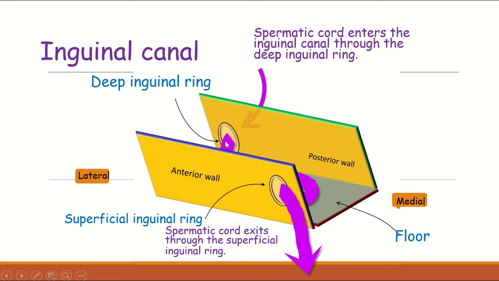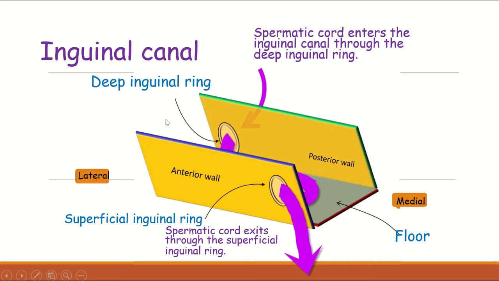When the spermatic cord enters this space, it runs downward, forward and medially and reaches near the superficial inguinal ring present in the anterior wall, and then it emerges out from the superficial inguinal ring. So we can clearly understand from this image that the content of the inguinal canal enters through the deep inguinal ring in the posterior wall, runs along the entire length of the canal, reaches near the superficial inguinal ring in the anterior wall, and then emerges from it.